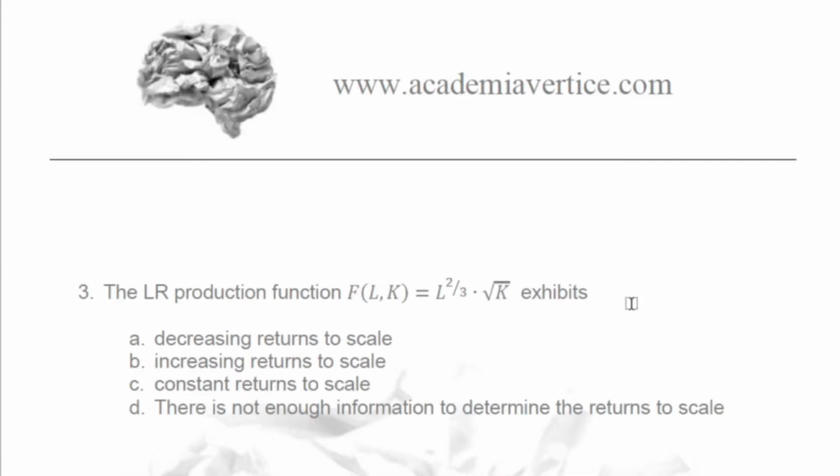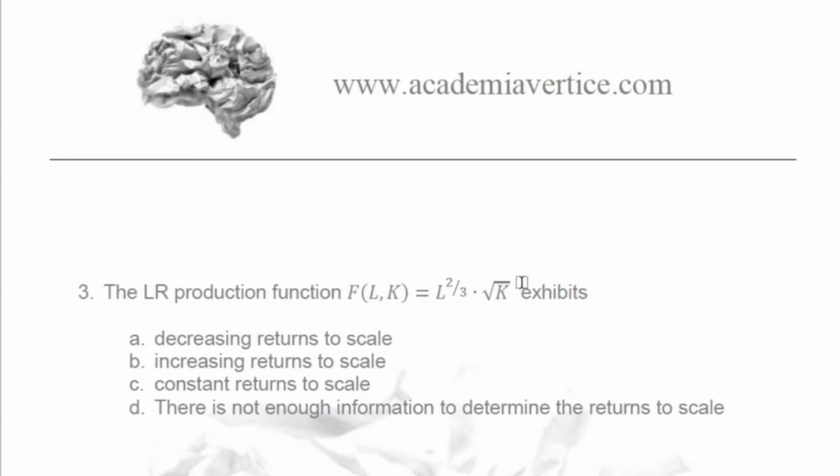Now, a very important question, very typical. Number 3, the long run production function is this one. It's a Cobb-Douglas type, L elevated to 2/3 times the square root of K, so K elevated to 1/2. When we have a Cobb-Douglas type function, and not only Cobb-Douglas type, the function is homogeneous.